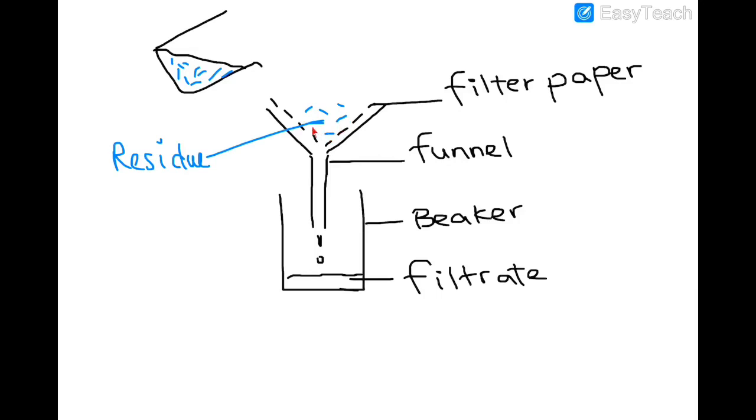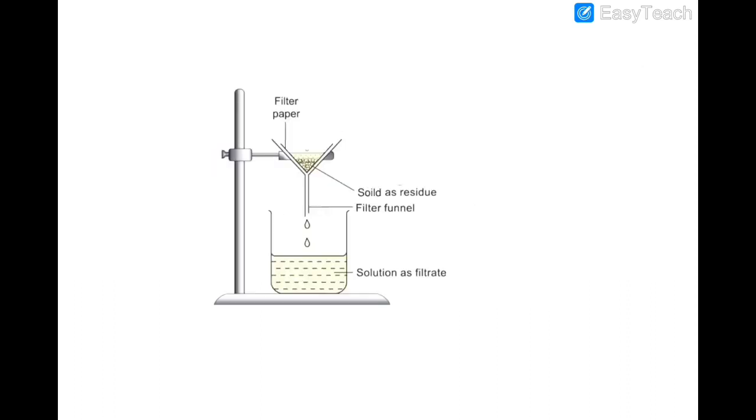If the filtration is successful, you will have the pure filtrate over here, and all the solid residue is going to be collected on the filter paper. Here you can label this to be the mixture. Over here you have the mixture. This is how the lab setup looks like.